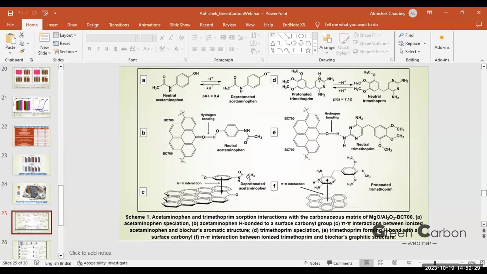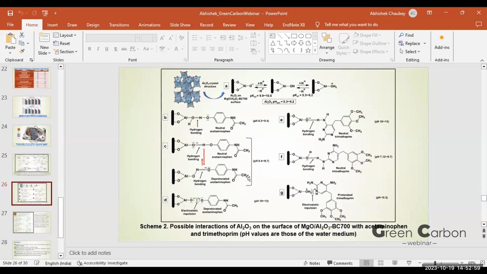Here you can see that A represents the pKa values, meaning protonation and deprotonation, of acetaminophen, and D for trimethoprim. As I showed you in the FTIR section, we have a surface carbonyl group, so there is a possibility that the biochar is also playing a key role in the sorption of acetaminophen and trimethoprim through hydrogen bonding as well as pi-pi interaction. The role of MgO and aluminum oxide, Al2O3, was also established, and we explored the pKa value of Al2O3.